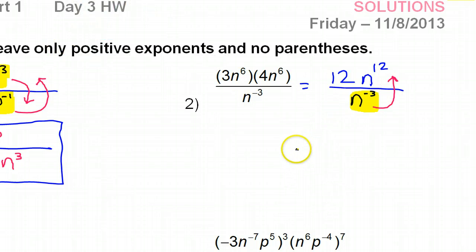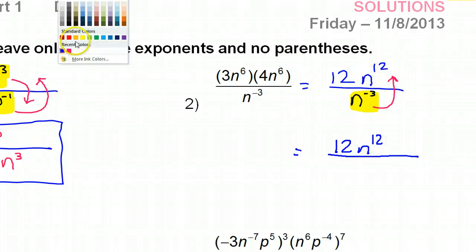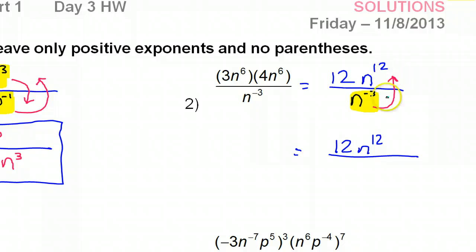So when I recopy, okay, so I've got my 12 sitting there, my n to the 12th power still sitting there, but my n to the -3 power comes up and becomes n to the 3rd power. Okay, so everything's in the top, so I really don't even need a fraction line anymore.